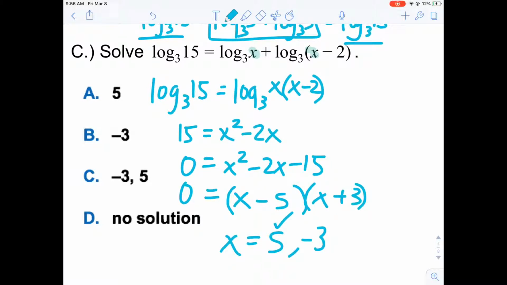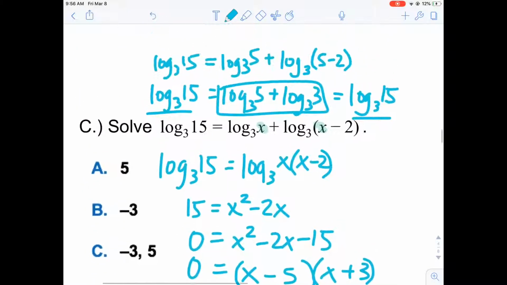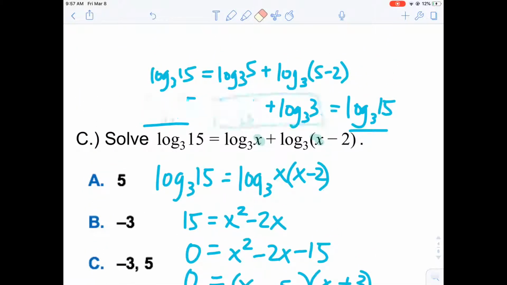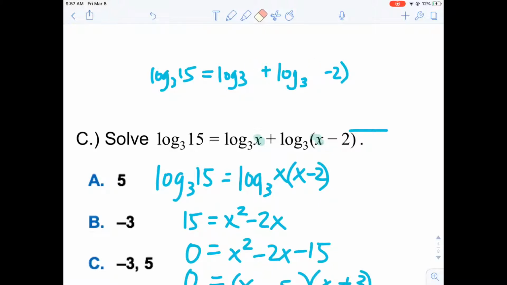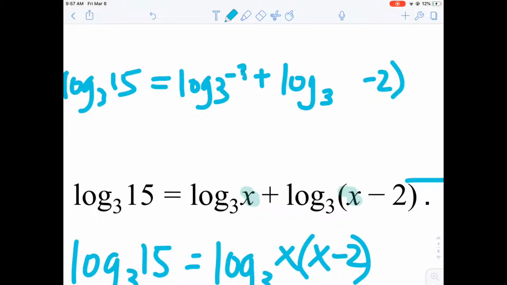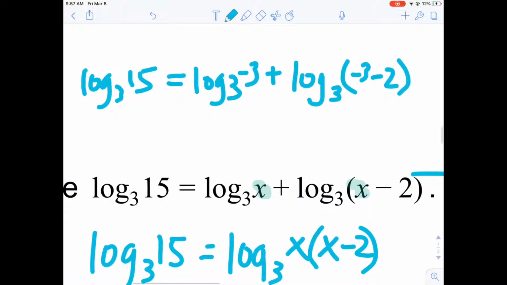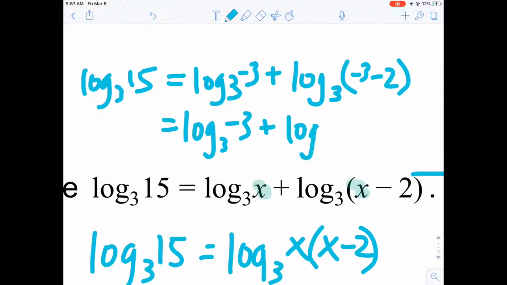Let's go ahead and check negative 3 and see if that works. So we'll do the similar thing here, except for I'm going to plug in negative 3 here and there. And so we get log base 3 of negative 5.